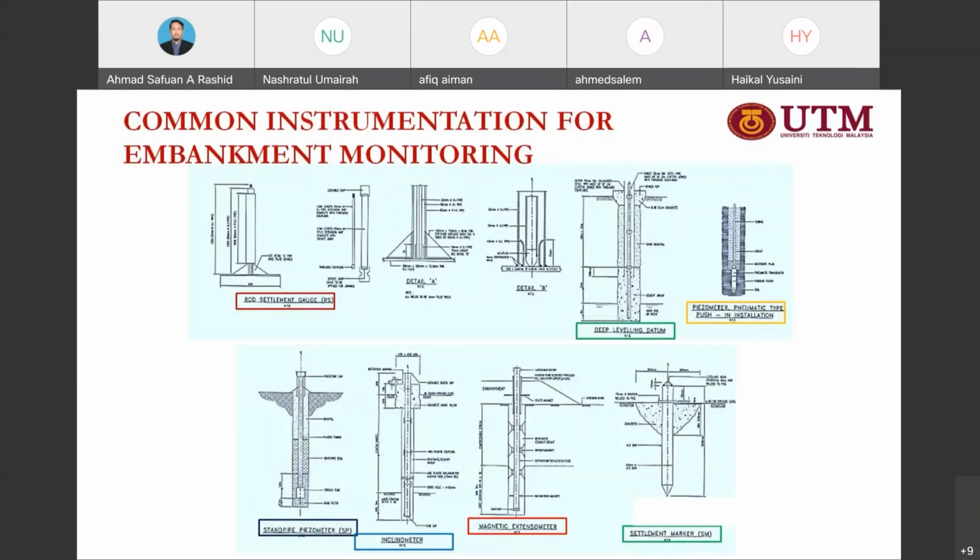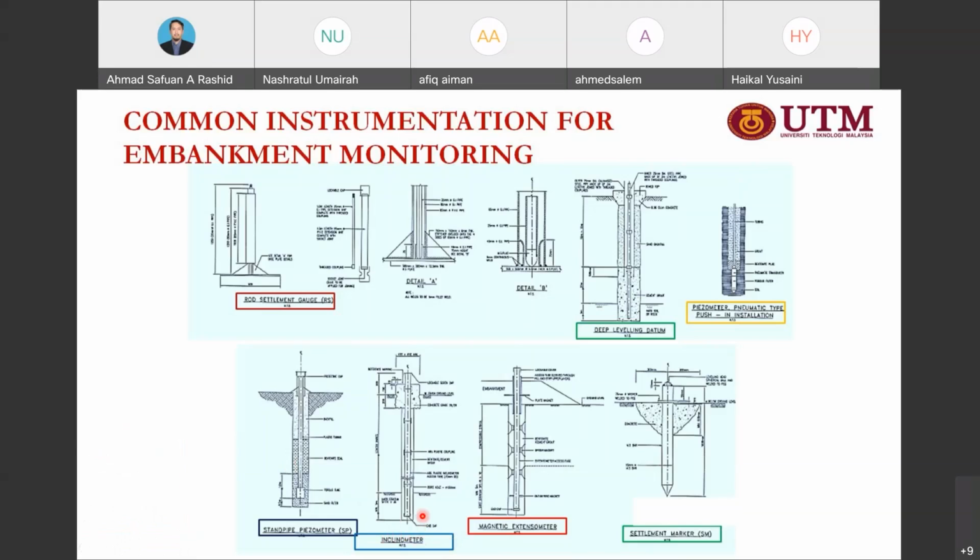Then we have piezometer, to determine the pore water pressure, or the water level. So then we have another one, which is the standpipe piezometer. So this standpipe only is able to measure what we call the groundwater level, not the pore water pressure.